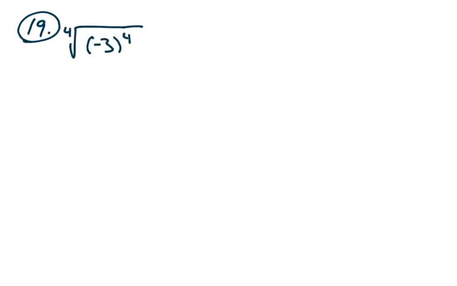19. So this is kind of an interesting question because one would think that if I did this, I would get the fourth root of 81, which is 3, right? But let me put it this way. So if that is true, then yeah, the answer has to be 3.